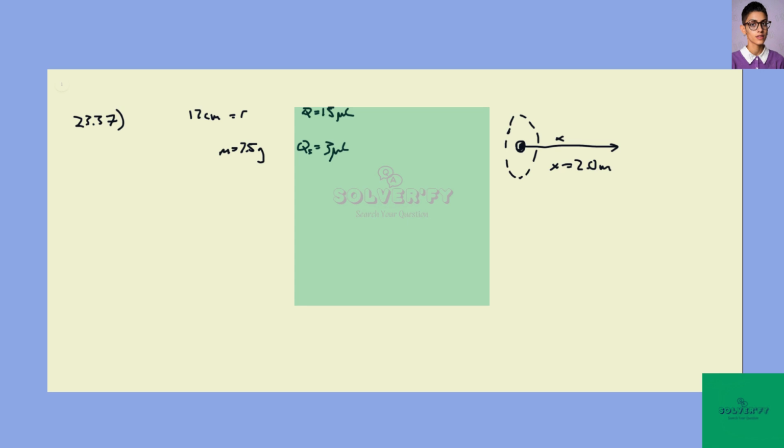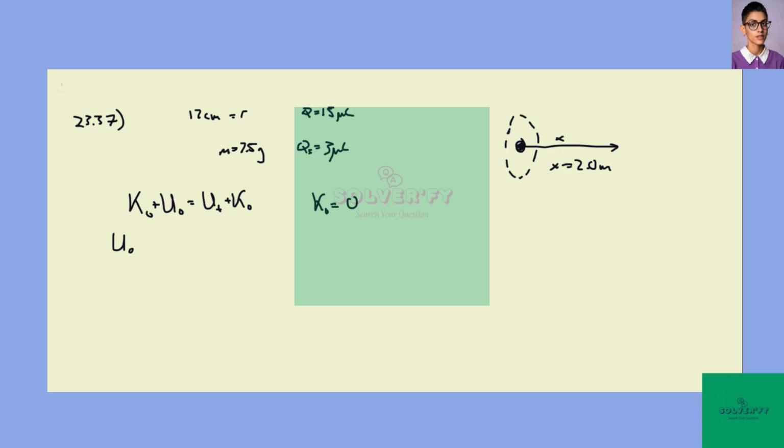So if we use energy conservation, we should know that the initial kinetic plus the initial potential is going to be the final potential plus the final kinetic. So when the ball's initially in here, what's its speed? Well, its speed is 0. So initially the kinetic energy is 0.